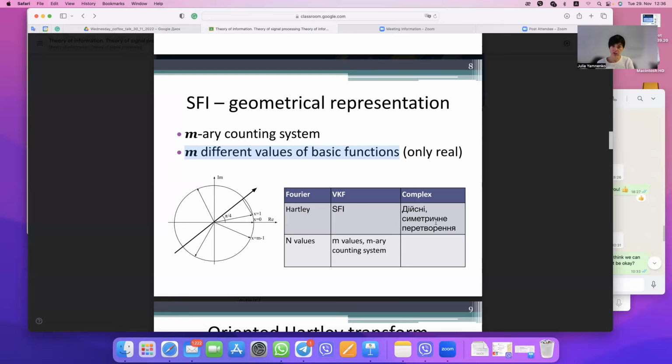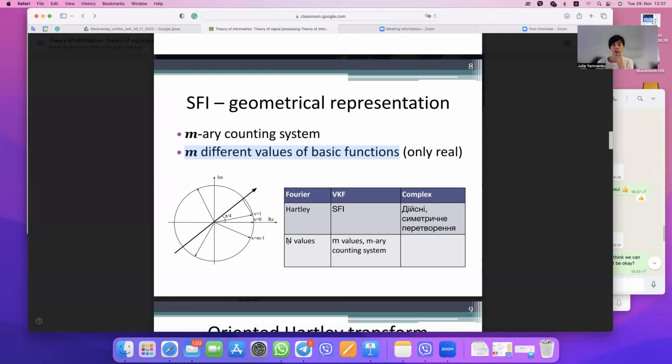Sorry, there is Ukrainian here, but I will correct it for you. So, real and symmetrical. Symmetry is also a very important feature because it allows us to use the same algorithm for transforming from the original function to the spectrum and vice versa, from the spectrum to the original function.